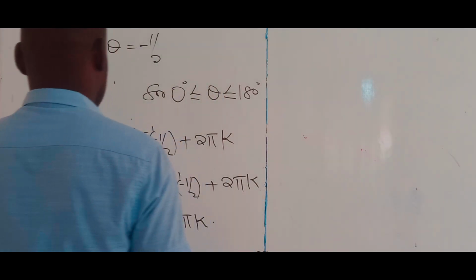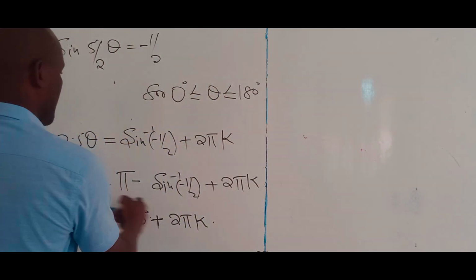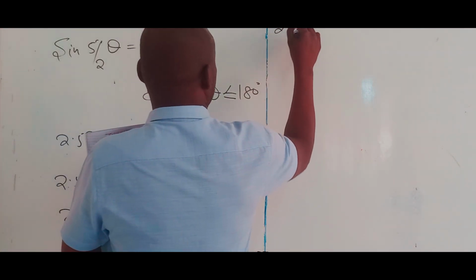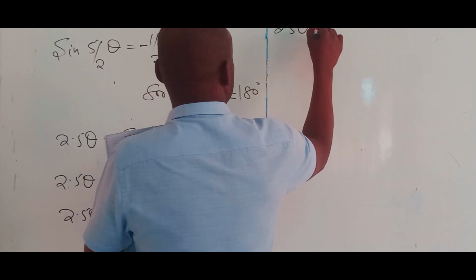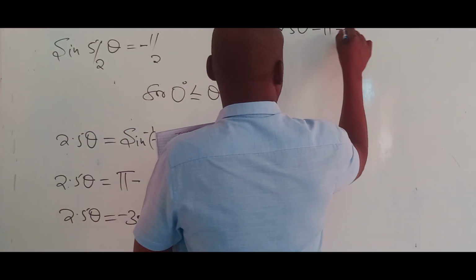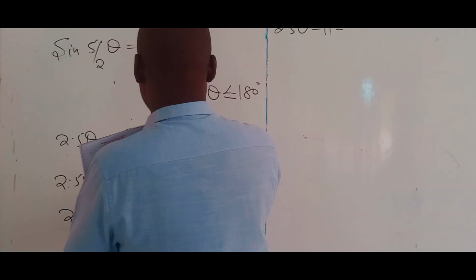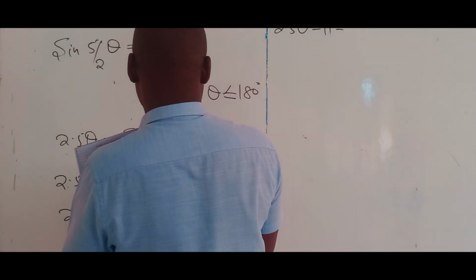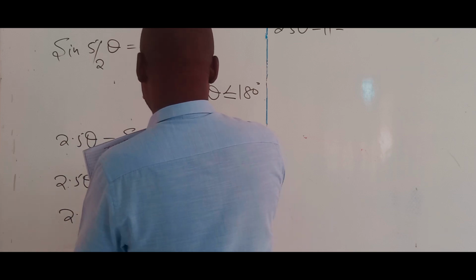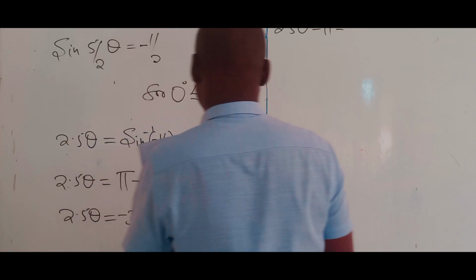That's one. The second one is, now we pick this portion here and we say 2.5 theta will be pi minus negative 30.